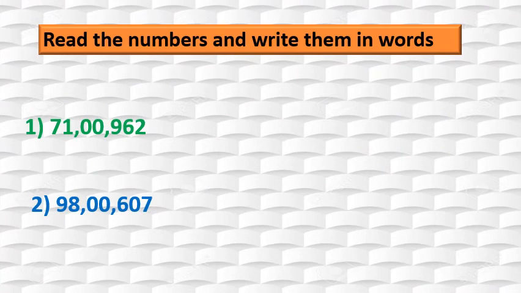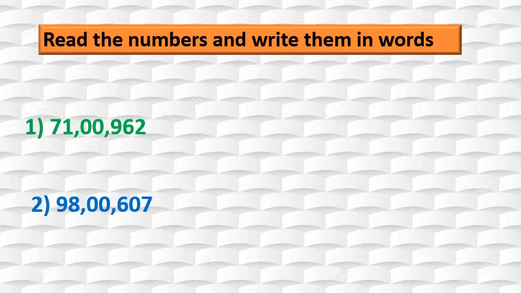Okay, read the numbers and write them in words. Now here numbers are given. See students, we have to give commas. Always remember, a comma helps us to read the number quickly without any confusion. From the right hand side always give a comma after 3 digits and then after every 2 digits, like that you have to move to the left.